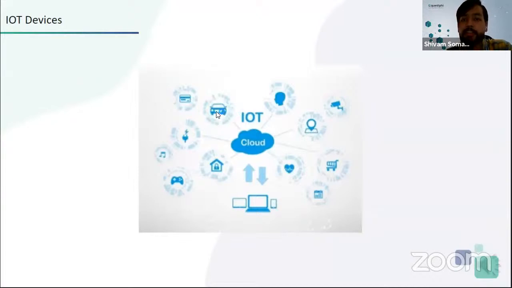They generate a lot of data. There are numerous cameras and sensors on them, and they generate data in real time, and at the same time send it to the cloud and take action as well.